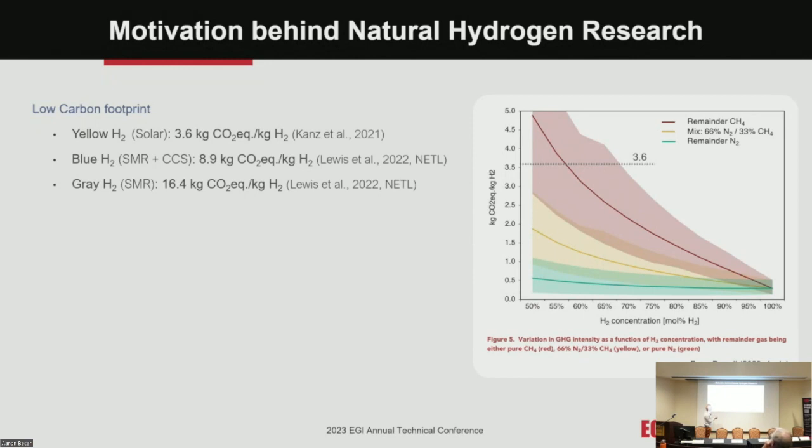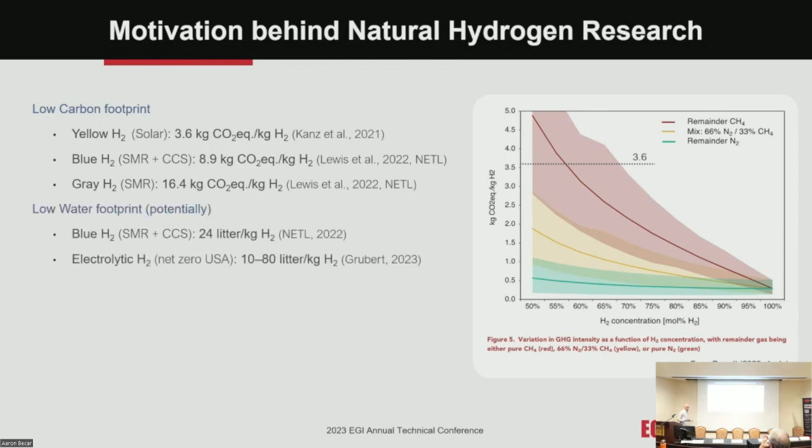And if you do not have methane as an associated gas, the carbon footprint can be even lower. It also depends on the concentration of hydrogen within the produced gas. As you see, it really depends on the concentration and the proportion of natural gas and natural hydrogen. But there's a potential that the carbon footprint can be really low.